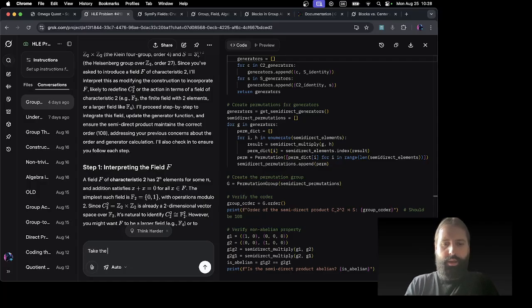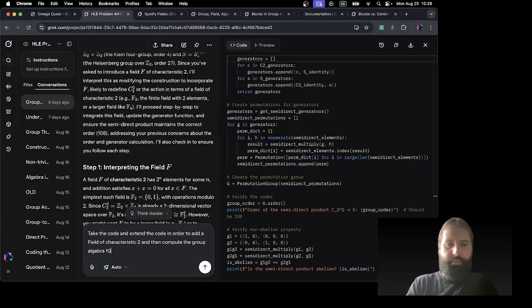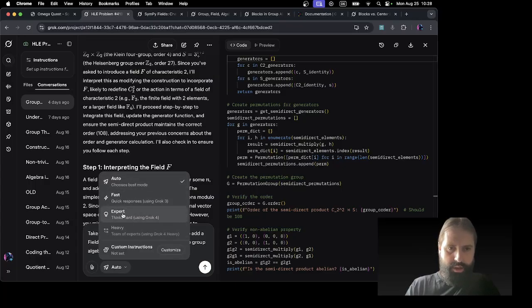Take the code and extend it in order to add a field of characteristic 2 and then compute the group algebra FG.